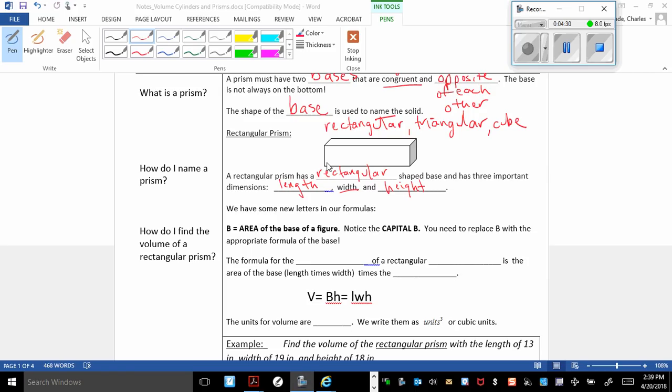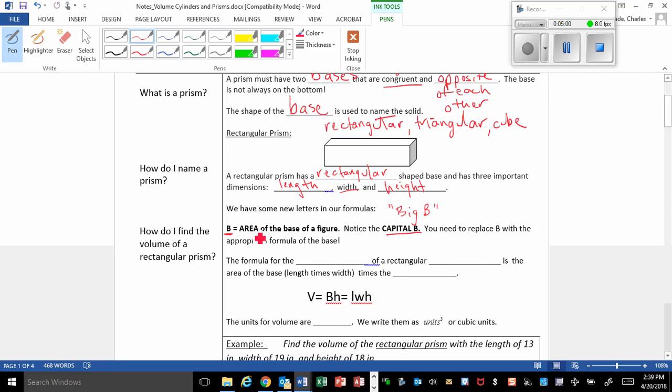Now, there's one important letter that you're going to see in your formula sheet, and that is a capital B. Sometimes we just call it big B. Big B generally stands for the area of the base.